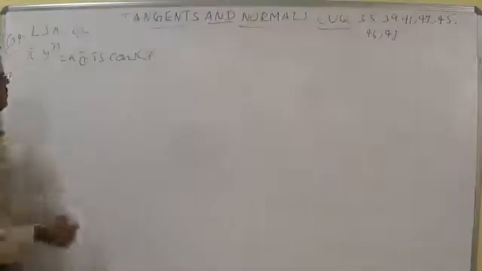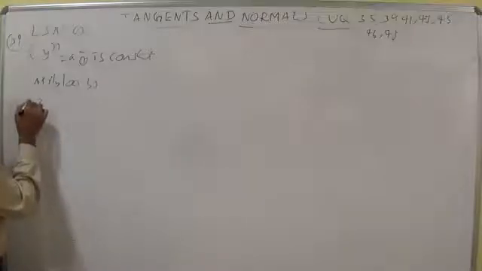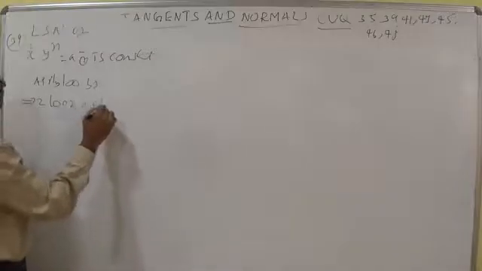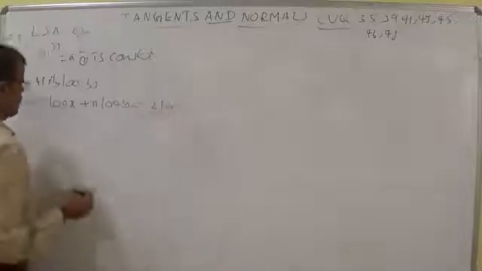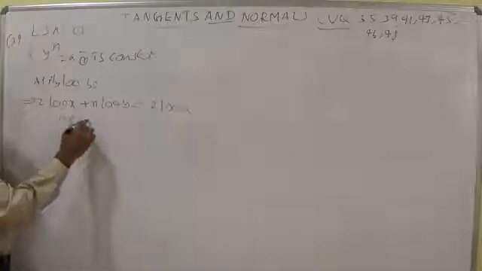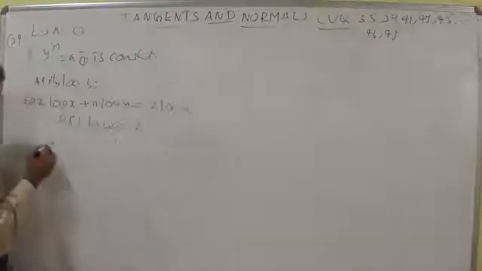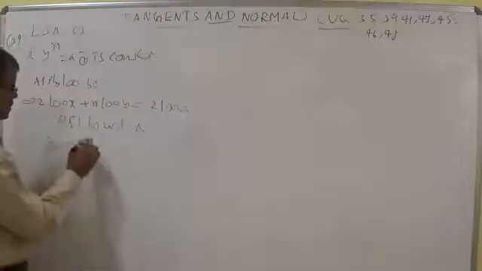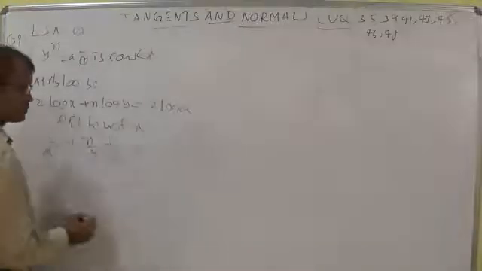Let this be the first equation, and apply log on both sides to calculate the derivative. So this can be written as 2 log x plus n log y is equal to 2 log a. Differentiating both sides with respect to x: log x derivative is 1 by x, so this is 2 by x plus n by y into dy by dx is equal to 0.